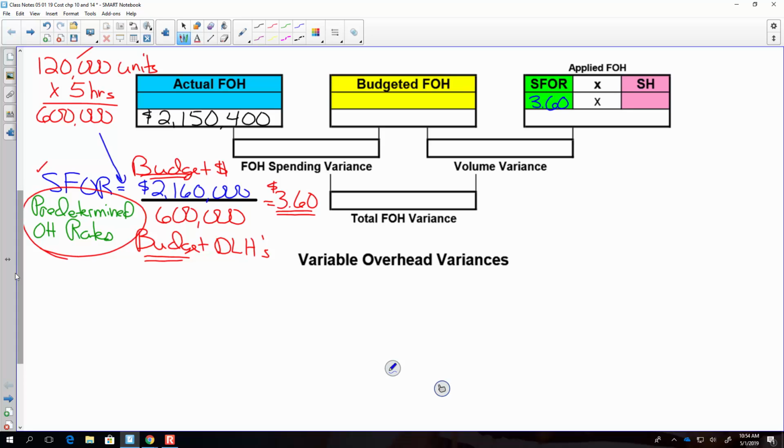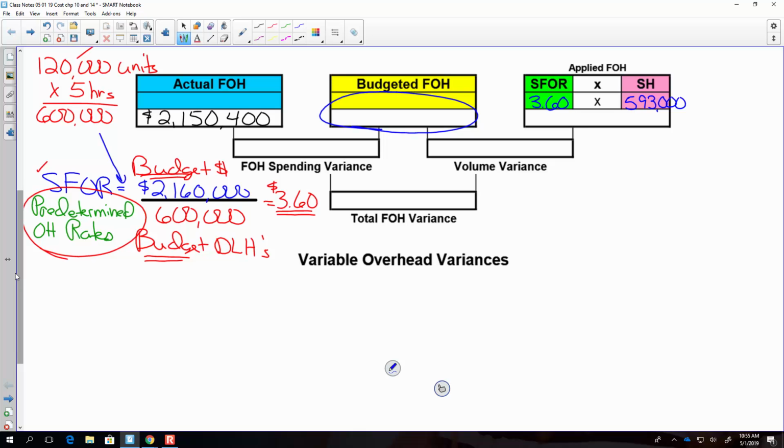We again can use, Kershaw, what do we have for hours? 593? For our allowed hours, same as with our variable. Austin, what's the middle number? What's this budgeted fixed overhead number? What's in here? Not sure?